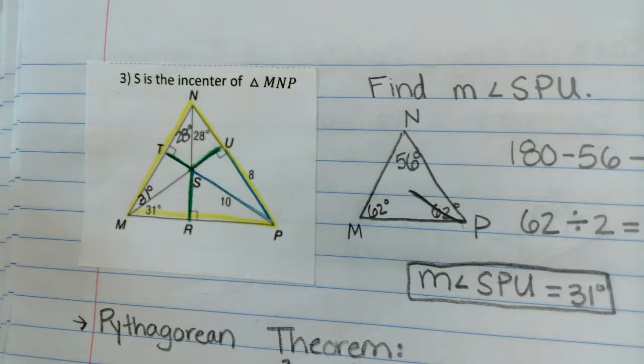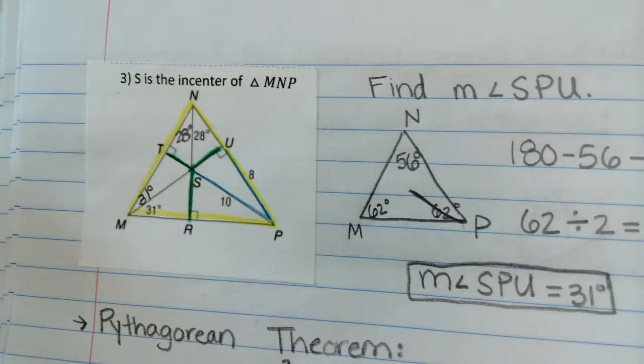So instead of using this one, let's try and find one of these 2. So using this 10, what other length do we know? We know TS? This one? Not quite. We know UP. UP is 8. And that's a right triangle, so we can find this SU. And once we find SU, that's the same as SR. Okay? So what we're going to do is going to be kind of confusing, I know. But you're going to stick with me, because we got this.